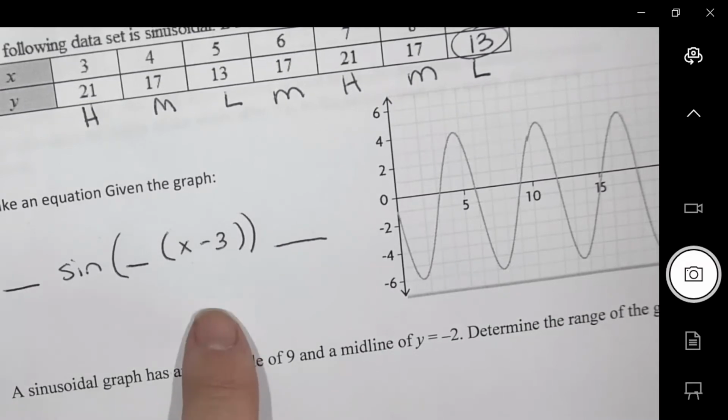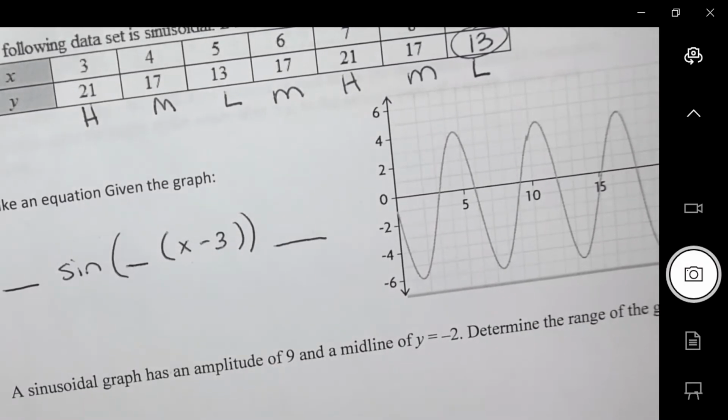This is considered a C value, and I will not expect you to do that because we didn't talk about it.